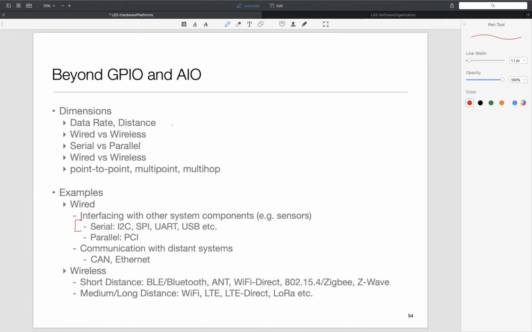And then there are also parallel interfaces like PCI Express, for example, which I'm sure you have heard of. And then there are interfaces which are more specialized and for even longer distances. Ethernet, we all know, but CAN, which stands for Controller Area Network, is used in cars.